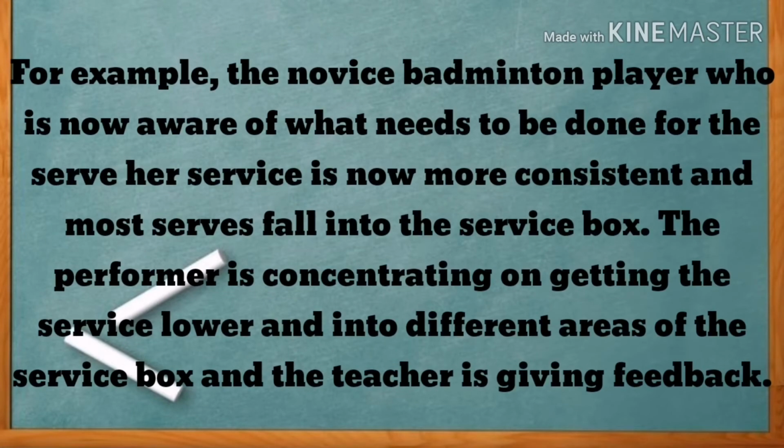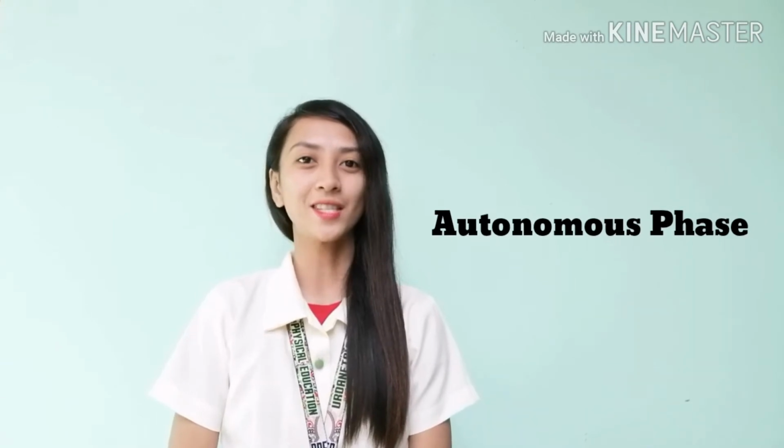For example, the novice badminton player is now aware of what needs to be done for the serve. Her service is now more consistent and most serves fall into the service box. The performer is concentrating on getting the service lower and into different areas of the service box, and the teacher is giving feedback. And the last one is the autonomous phase.